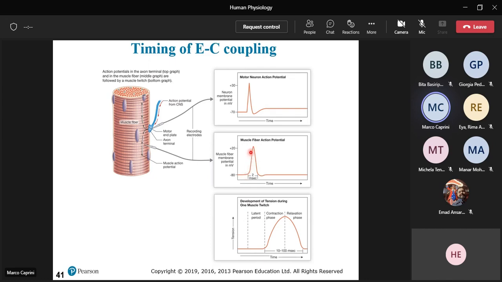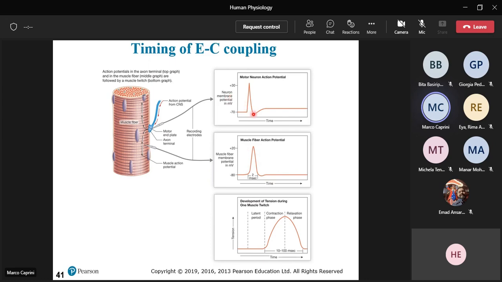Why? Because the sodium channels are open. It repolarizes. Why? Because the potassium channels open a little bit later. And the membrane returns immediately to the resting values. Here, there is not the presence of the hyperpolarization. You can see here. Okay, so it's a bit different.